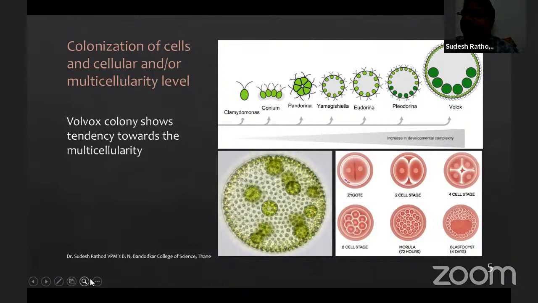What does it mean? Ontogeny is nothing but embryological development, and that indicates your pathway of evolution. So it indicates that you were earlier a single-celled organism and then slowly became multicellular.